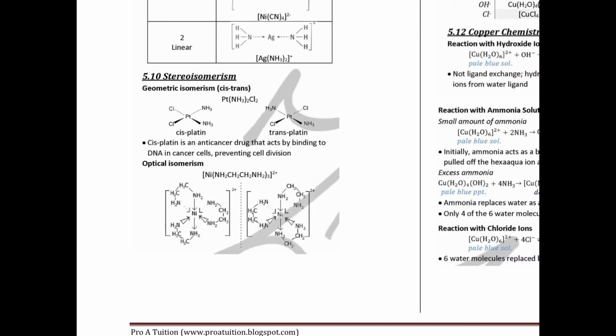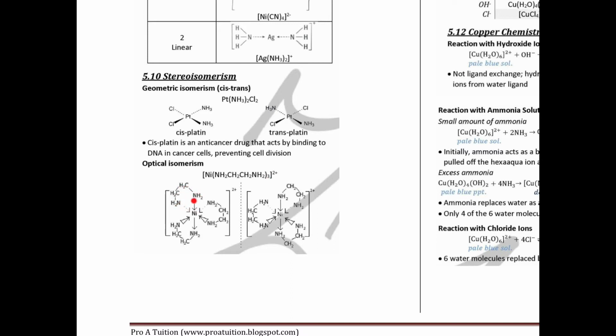Okay. So let's see these structures. You see the nickel here has ethylenediamine, the bidentate ligand from just now. They have three of them. The first bidentate is here.